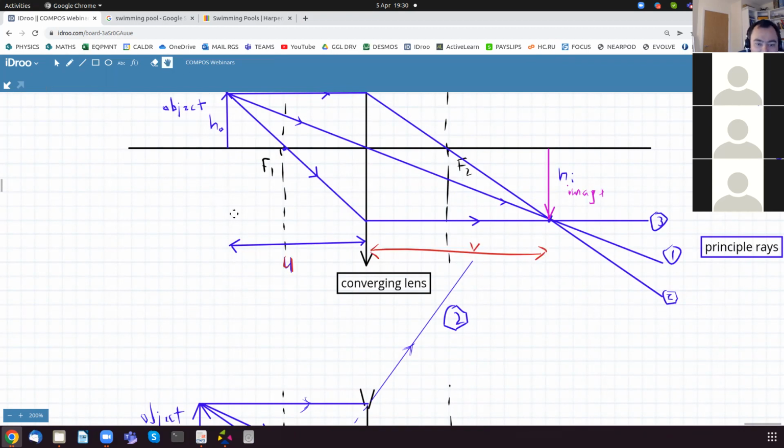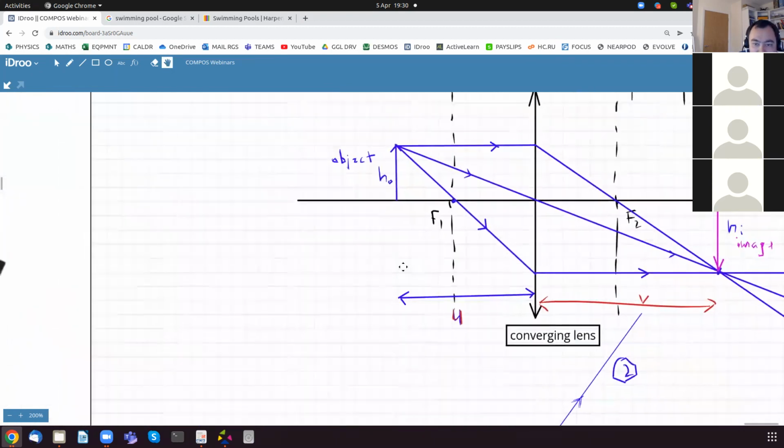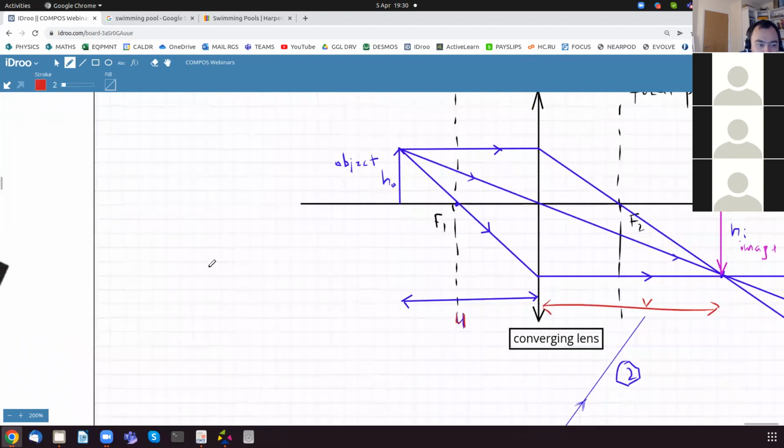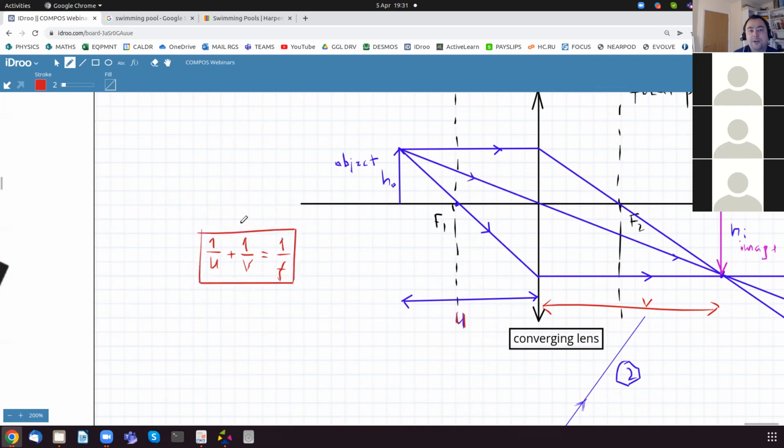And for a converging lens, there's an equation. 1 over U plus 1 over V is equal to 1 over F. This is the thin lens formula for the converging lens.